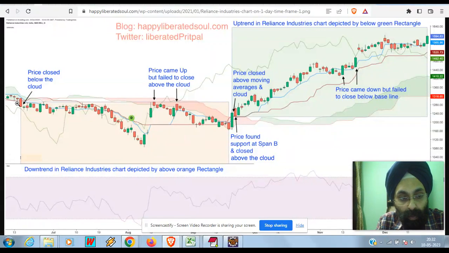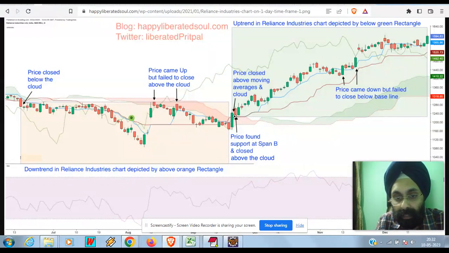So if you track from here, none of the candles closed above the cloud. They were either the Tenkan Sen and Kijun Sen acting as a resistance, or the cloud itself was acting as a resistance. But the moment the candle closed above the cloud, this was a strong indication that the trend is likely to change.